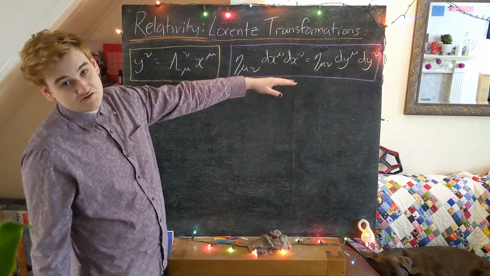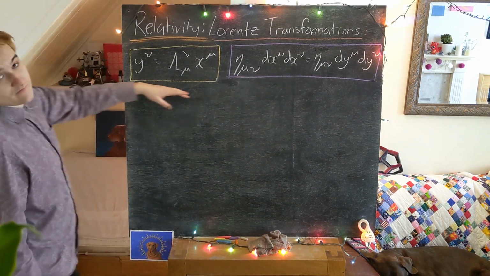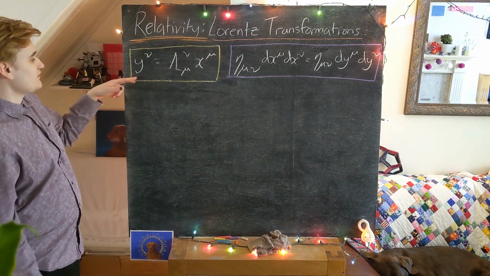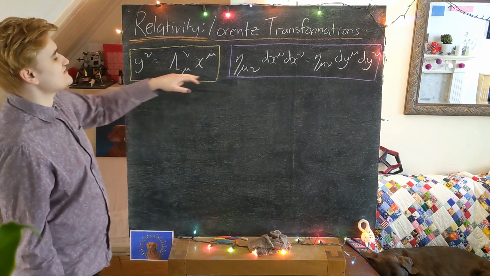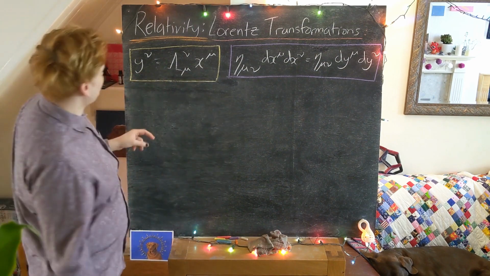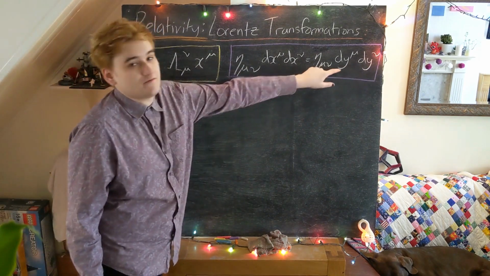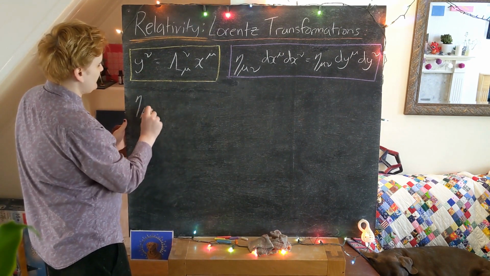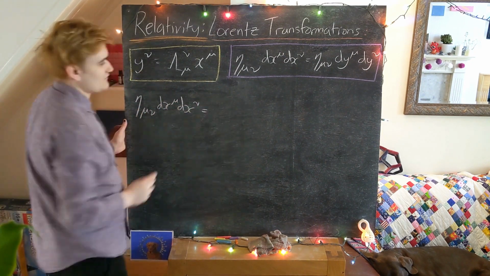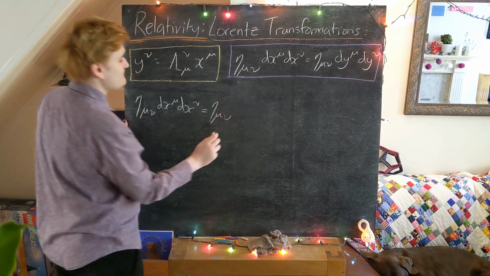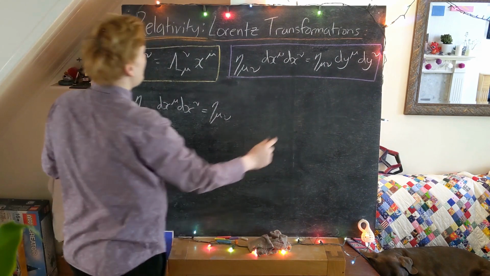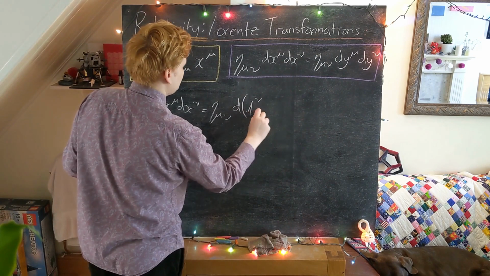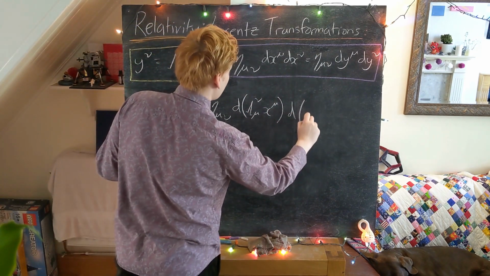Okay, so this is what we have to work with. We have our isometry requirement, and we have the form of our transformation. So now let's just simply start plugging a few things in. We know that the new coordinates, this is how we express them in terms of the old coordinates. So why don't we just substitute in for y in this expression. So I'll just rewrite the left-hand side quickly. And now our metric components are the same, but now we have to have dy, which is going to be d for this whole object, and then another copy of another dy.